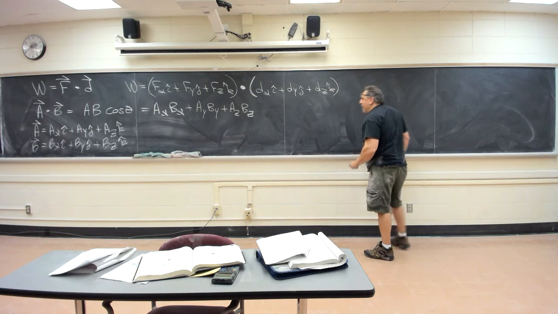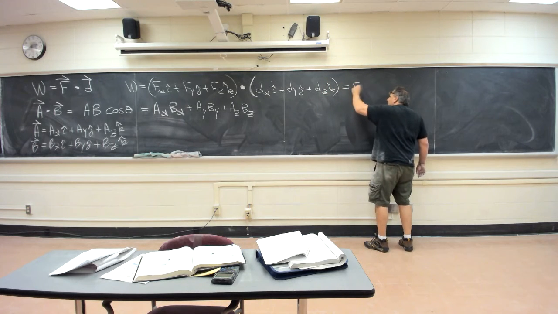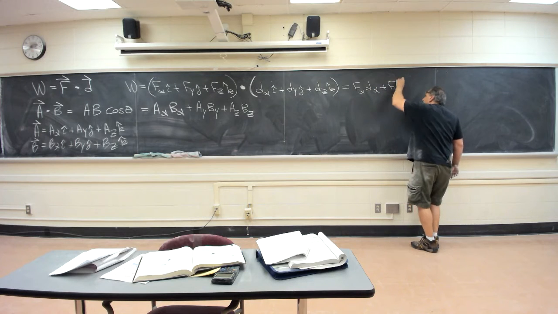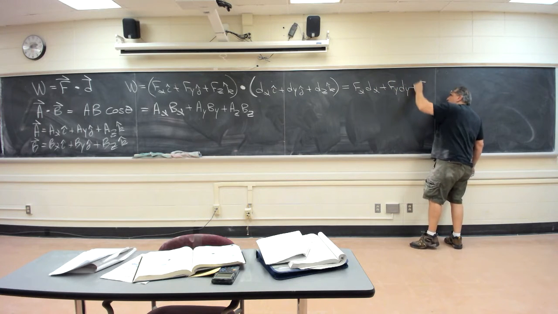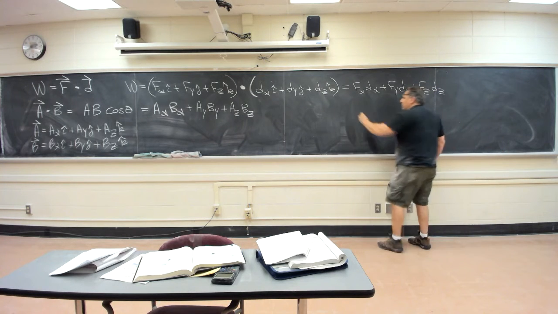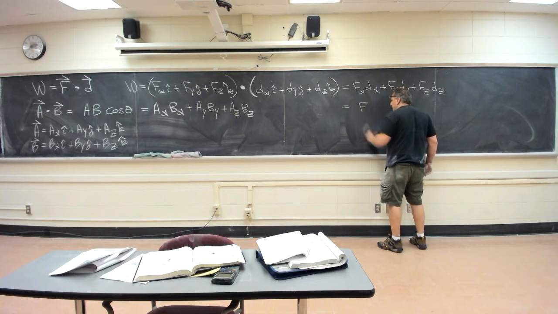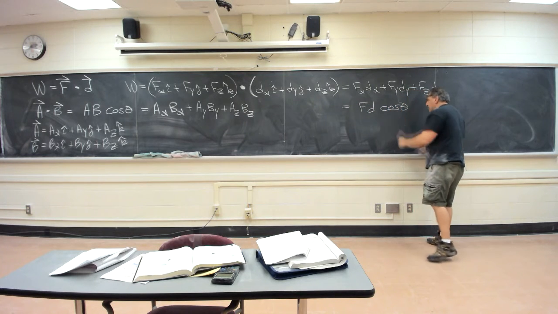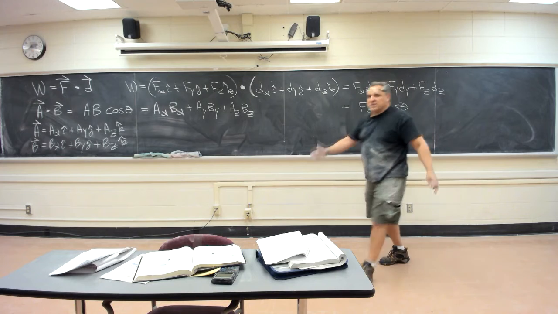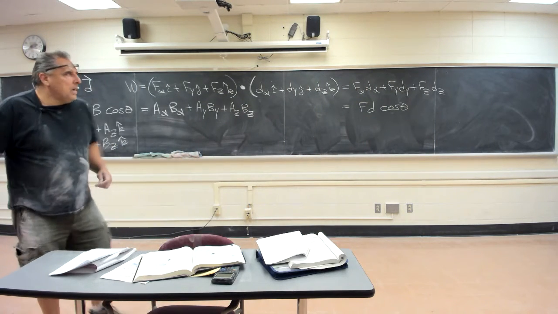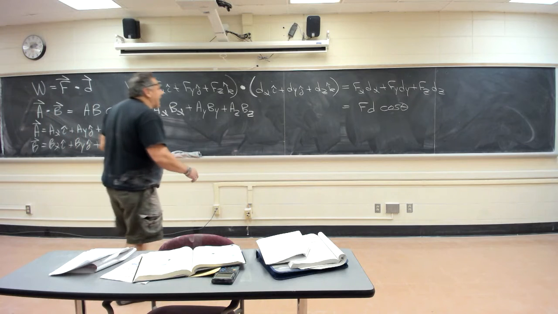If you do the dot product, that's Fx dx plus Fy dy plus Fz dz, which is also equal to simply the magnitude of F times the magnitude of d times the cosine of theta. That's an easier one to do if you can find it. But all this is valid. This applies for calculus and non-calculus.